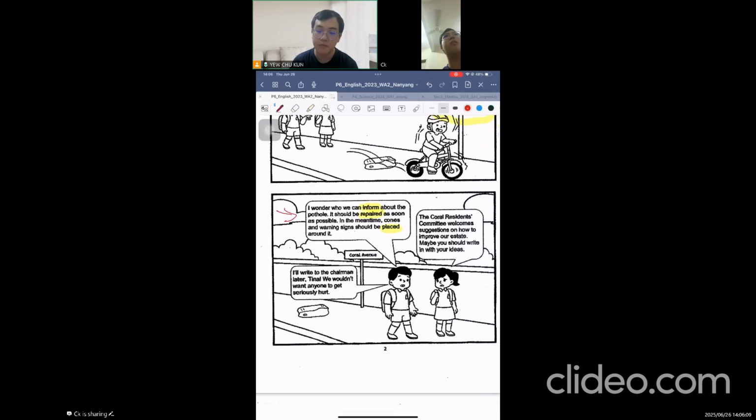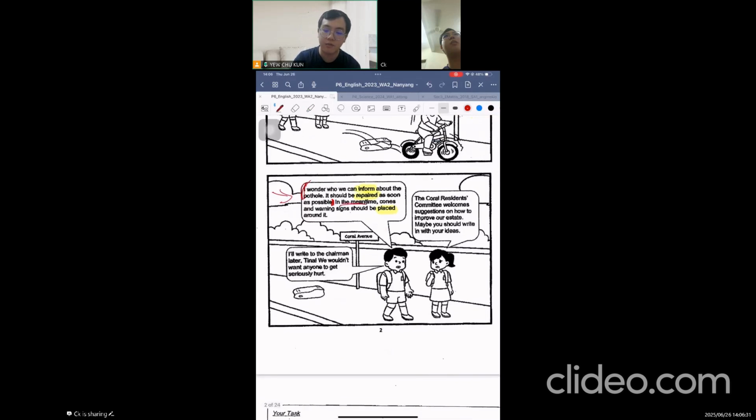So the first thing to be done is to inform someone to repair it as soon as possible. So this is action 1 that can be done. For another action, we can notice that in the meantime, cones and warning signs should be placed.